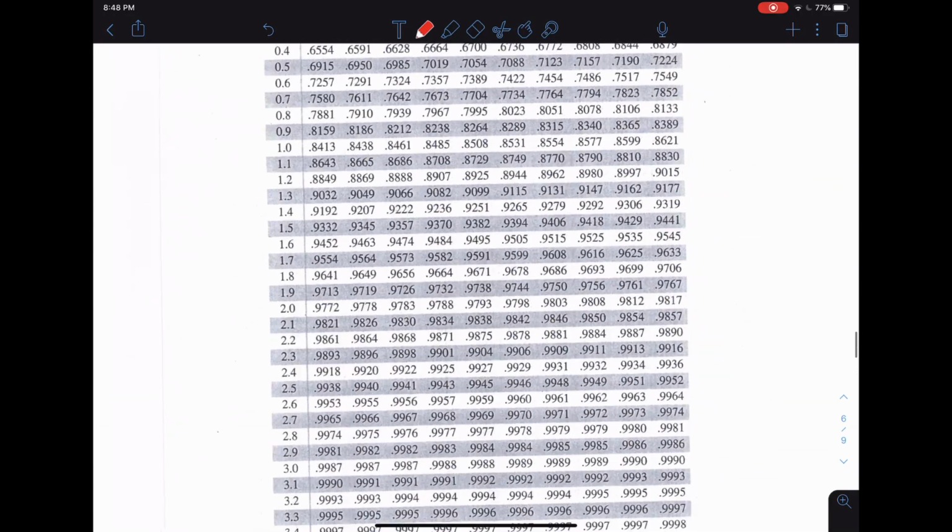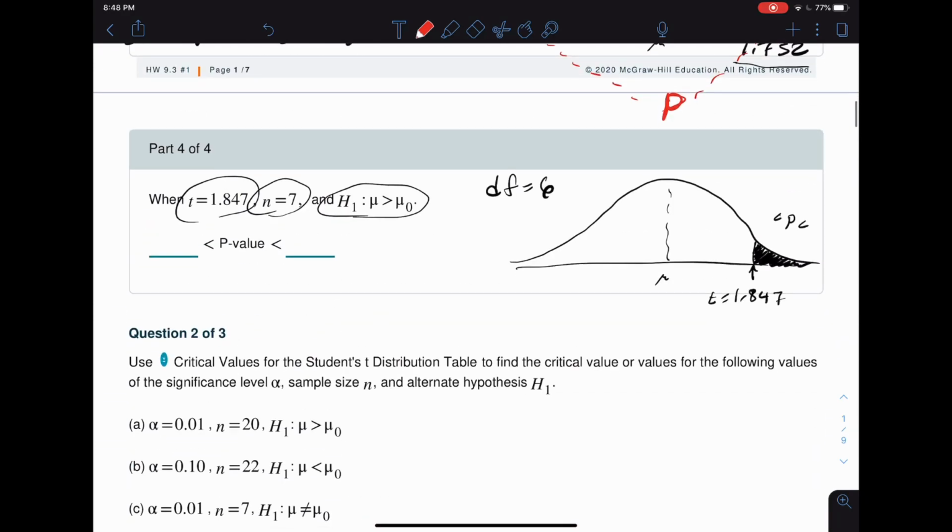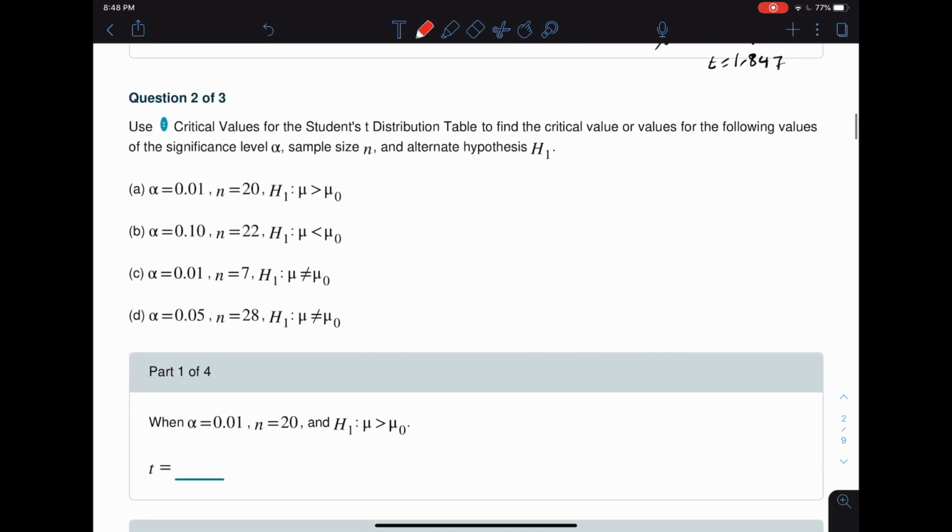Okay, let's put those answers in. And so if I get back there as fast as I can. There it is. 0.05 and 0.10. Okay, so now we're still practicing hypothesis testing, not actually getting into hypothesis testing.